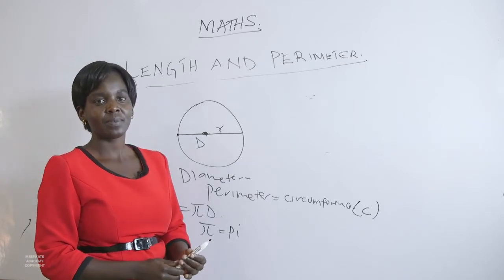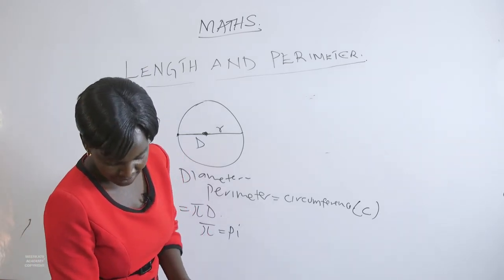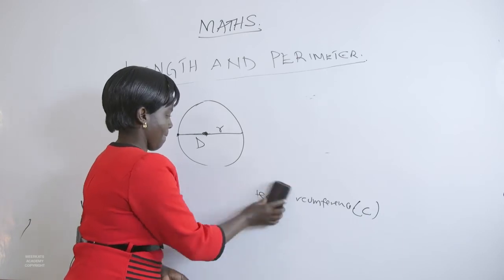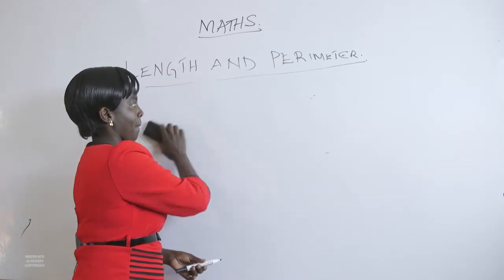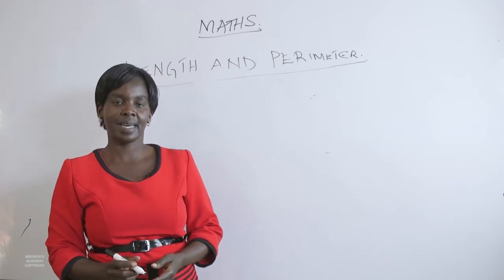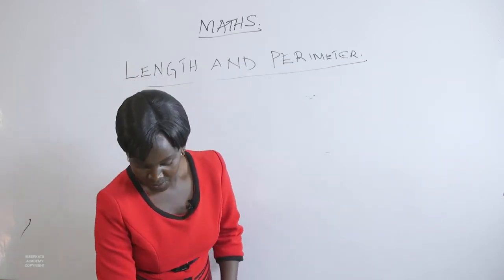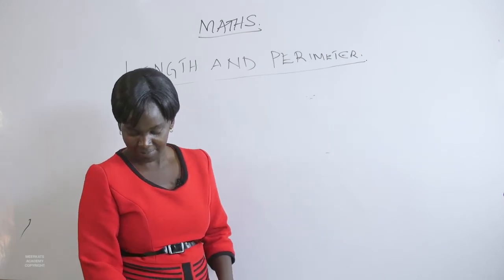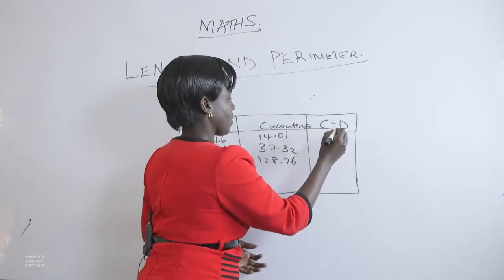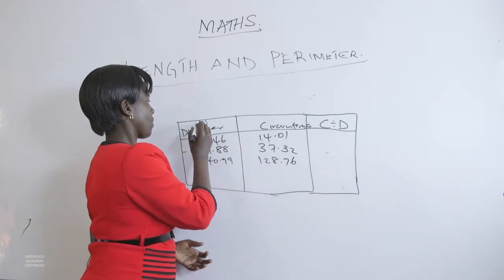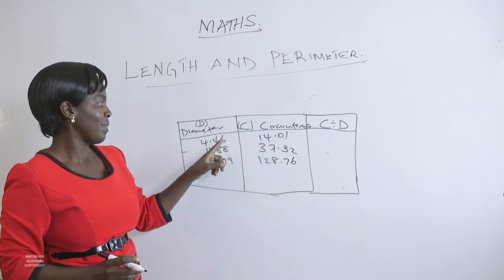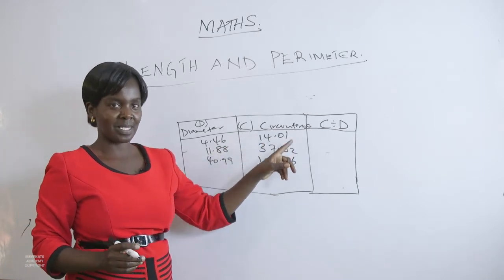What is pi? If you are given the circumference of the circle and the diameter of different circles in a table, so given the values, this is the diameter of the circle, and this is the circumference of that particular circle.